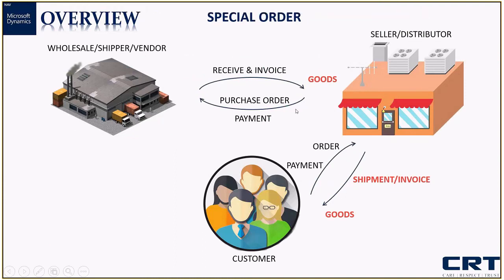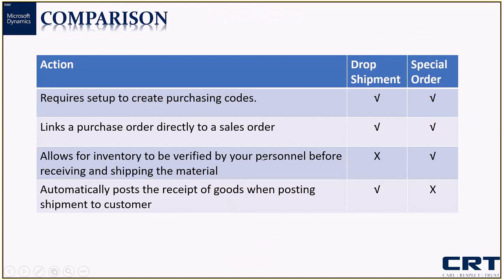So back to our slide here. Over the relationship, for the previous one, drop shipment, there is auto receiving. But for the special order, you are able to verify your inventory, and only then from your warehouse do you deliver the goods to your customer. So let's run through the differences and similarities in these two methods.